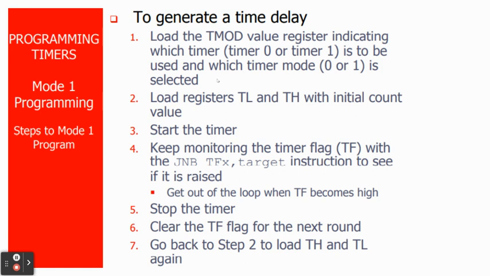If you don't understand this, in C language we will just put TMOD = 0x01. So again, I'll repeat, TMOD = 0x01. This means you are using timer 0, mode 1, or timer 1, mode 0.